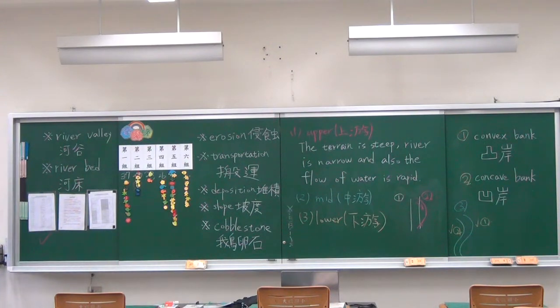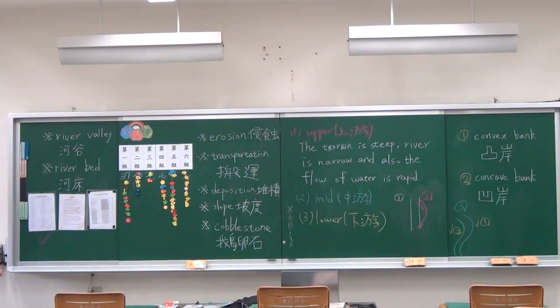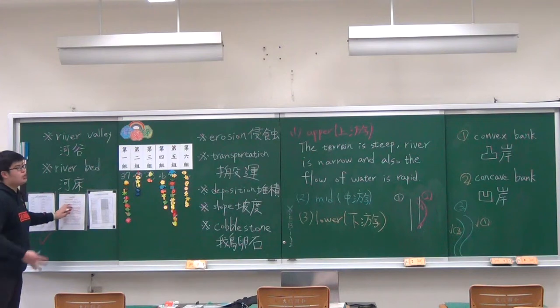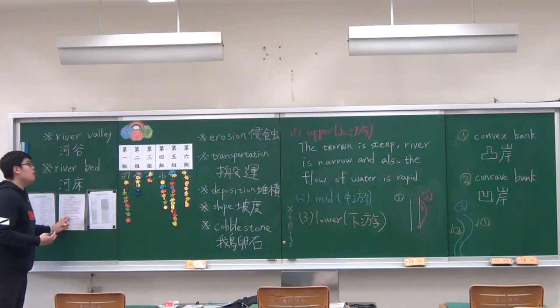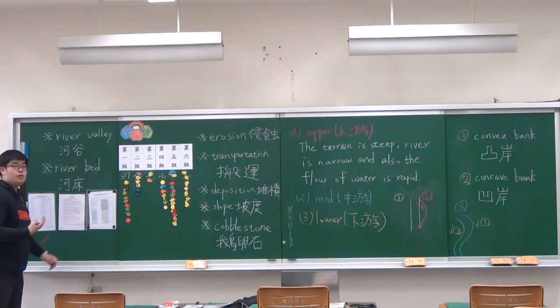Now move on to group B. Group B states that the upper part of the river, the terrain is the most gentle, the river is widest, and the flow of water is the most gentle.